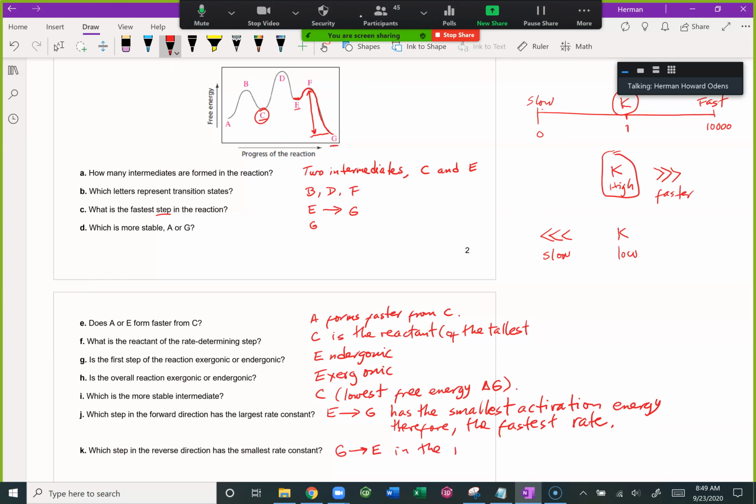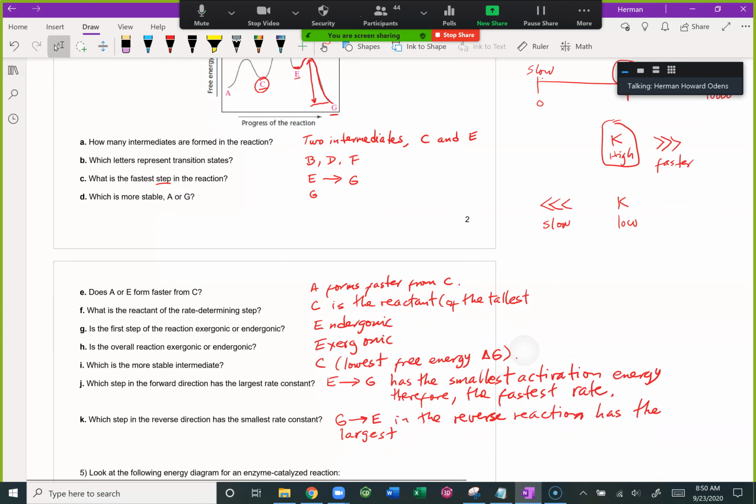In the reverse reaction, this is a trick question, honestly. This is a really tricky question. But this kind of question should challenge your brain to think. It has the largest activation energy, therefore the slowest rate.